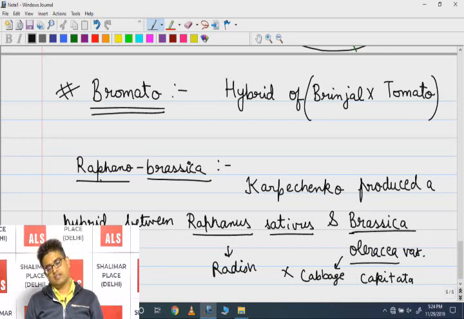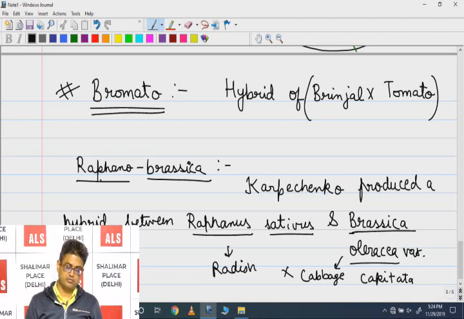Brassica oleracea has a third variety, cauliflower. It is not capitata. So with three varieties the question becomes very confusing. Which variety? That is why I am writing the variety. So the question will not become confusing after this.